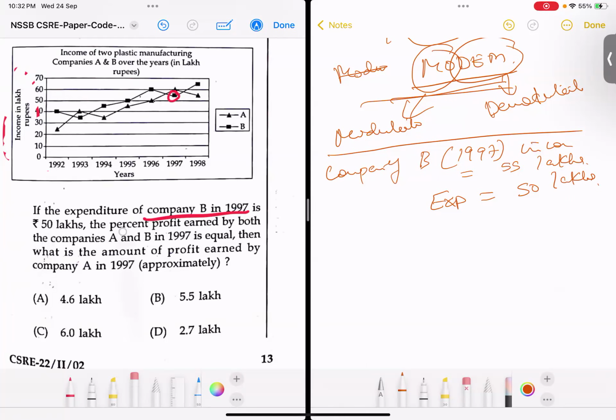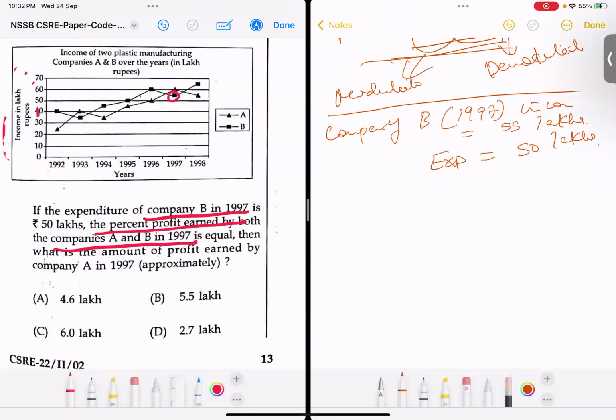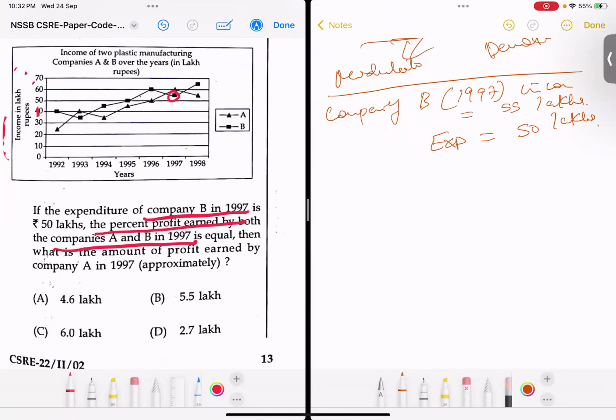And the profit percentage earned by both companies A and B in 1997 is equal. Then what is the amount of profit earned by company A in 1997? Now, company B has an income of 55 lakhs and an expenditure of 50 lakhs, which means the profit is income minus expenditure, which is 5 lakhs.